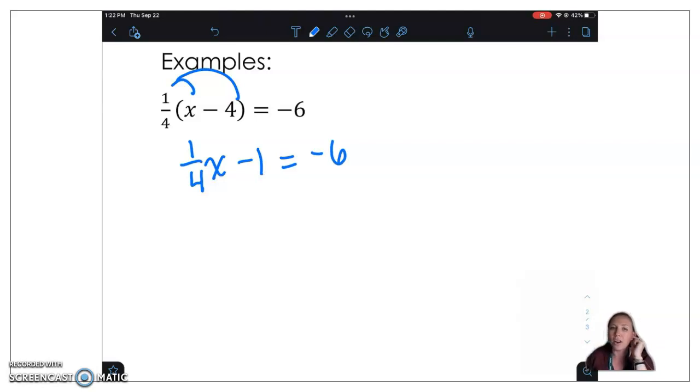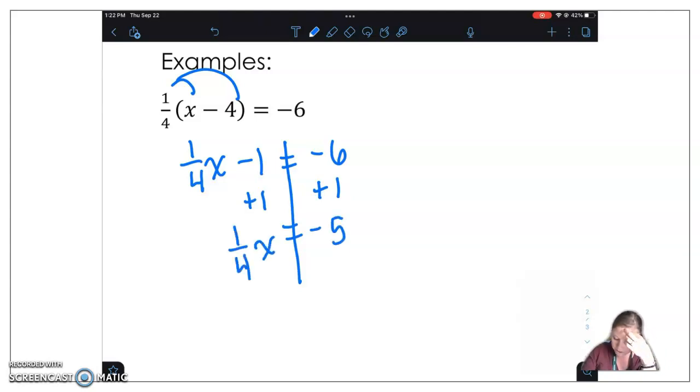All right, so from there, we're just going to solve it like a normal equation. We're going to get rid of the -1 first by adding 1, because it's negative. -6 plus 1 is -5. And then we bring down the 1/4 x, and we're going to turn the 1/4 into 1 by multiplying by the reciprocal.